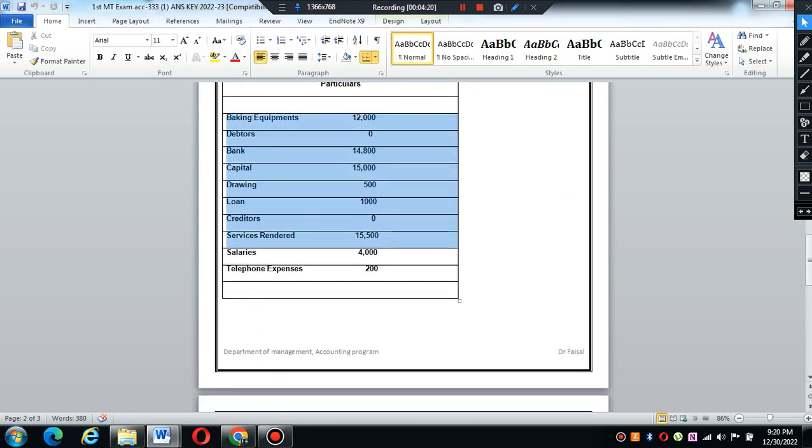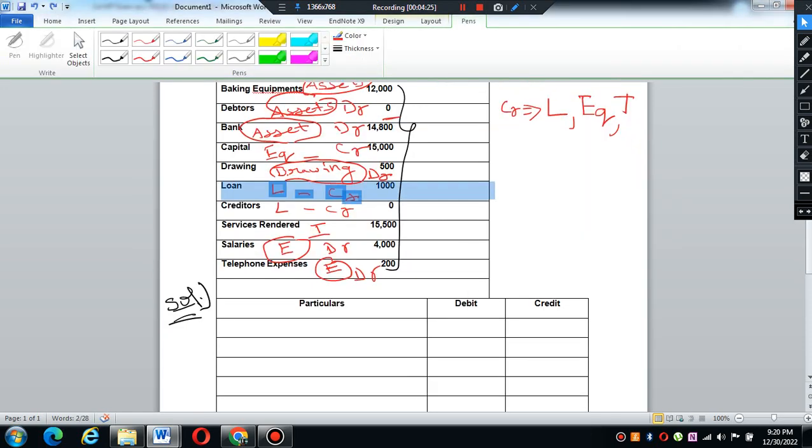Firstly we will write baking equipment. What is coming on the debit side? Asset, so we will write here 12,000. Okay, then write here debtors.